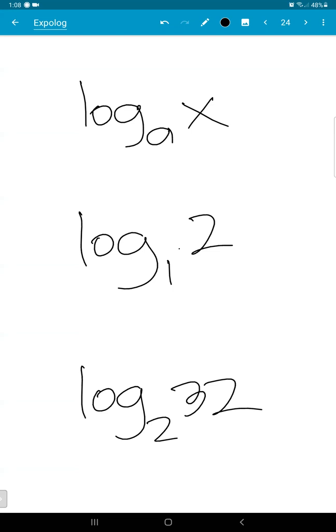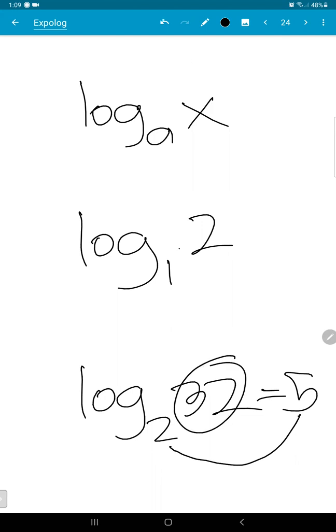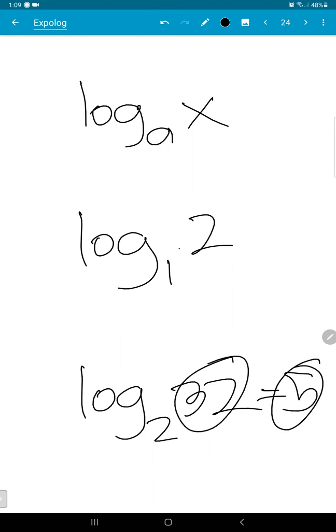Well, how did you get it? It's 2, 4, 8, 16, 32. It's 5. It's the exponent to which I should raise the base to get this input value. That's 5. That's the meaning of logarithms. It's the inverse of the exponential. Instead of 2 being raised to 5 and then getting the output 32, 32 now is the input to get the output, which is the exponent.